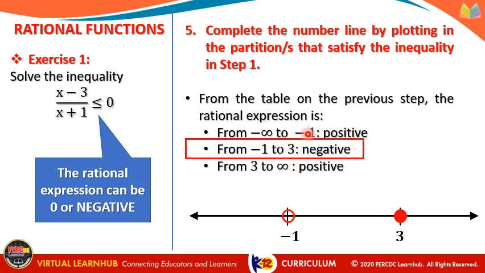Since ito lang ang nakasatisfy sa inequality natin, ito lang yung interval na lalagyan natin ng shade doon sa number line natin. So again, ang magpapanegative sa rational expression natin is from negative 1 to positive 3. So itong part na ito, yan yung lalagyan natin ng shade sa number line.